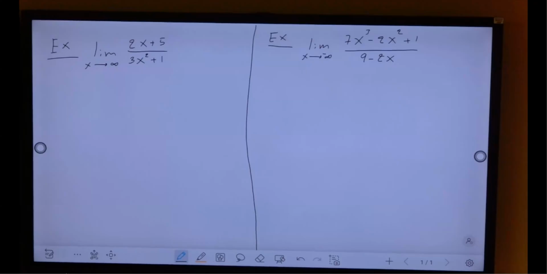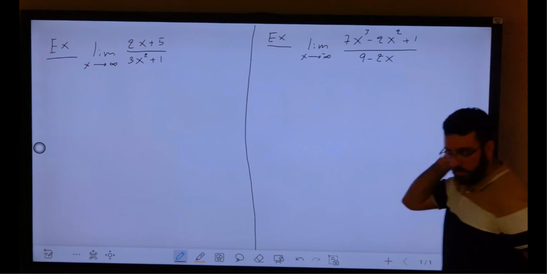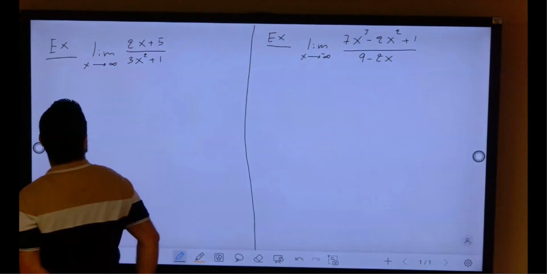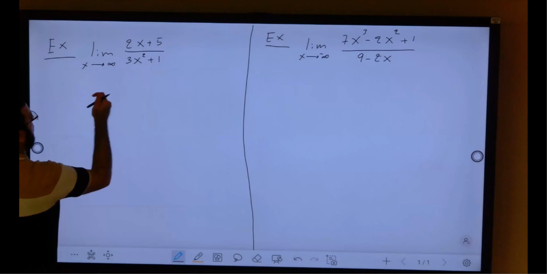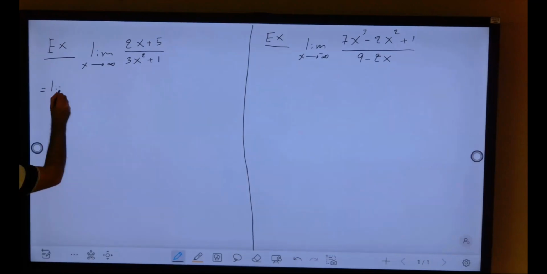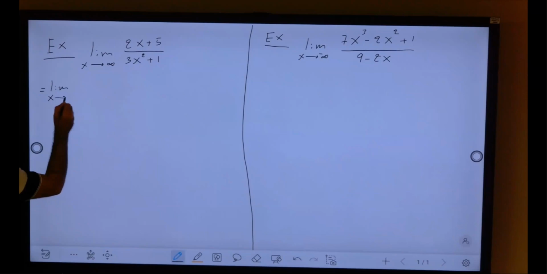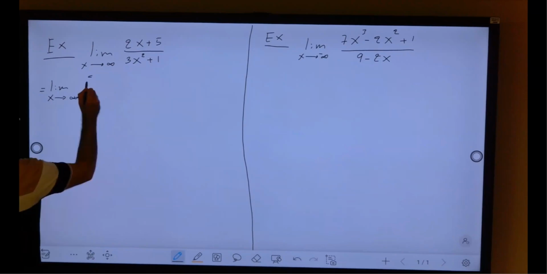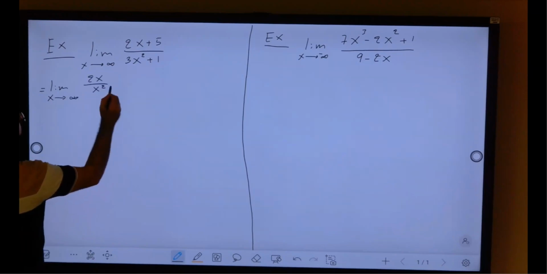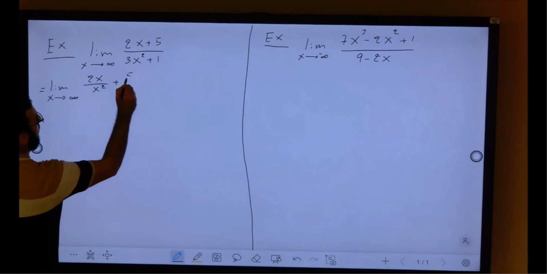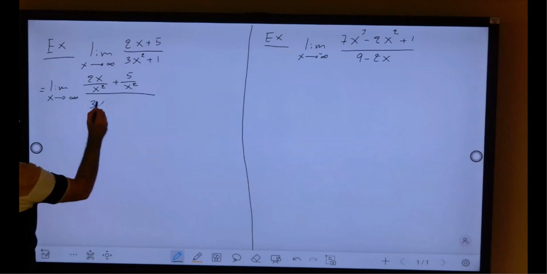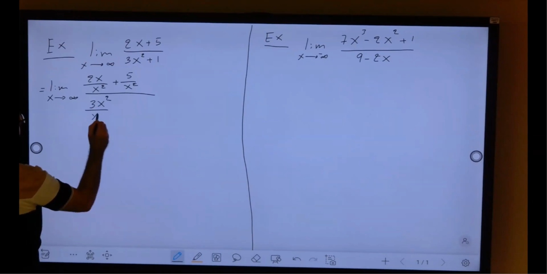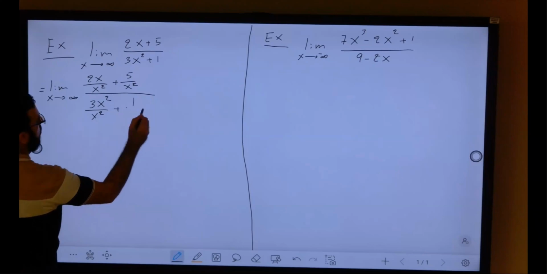Let's check these two examples. I'm going to solve the first one. We do the same thing, divide everything by x squared, the highest exponent here. So this one is going to be the limit when x approaches infinity of 2x over x squared plus 5 over x squared, over 3x squared divided by x squared plus 1 over x squared.